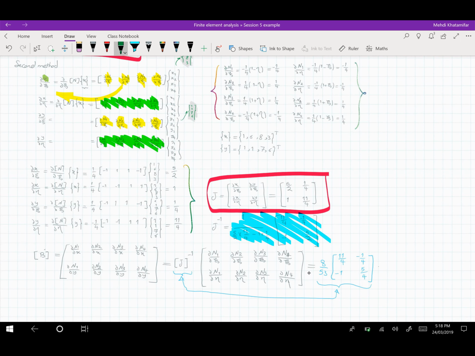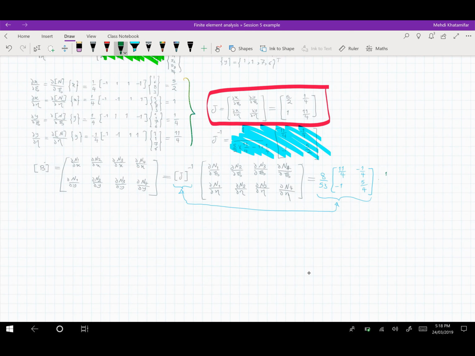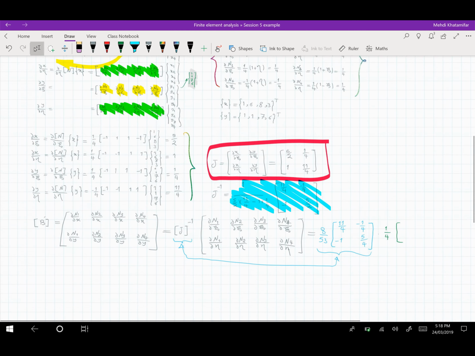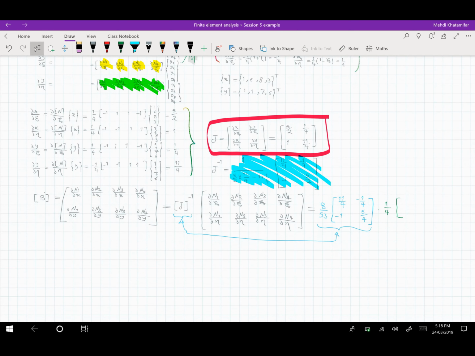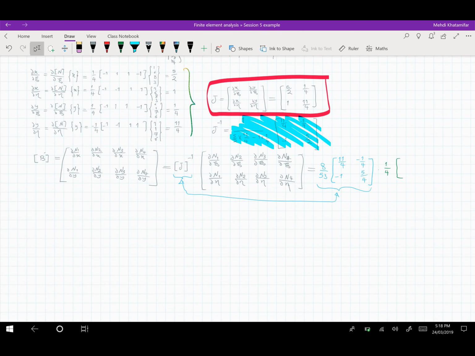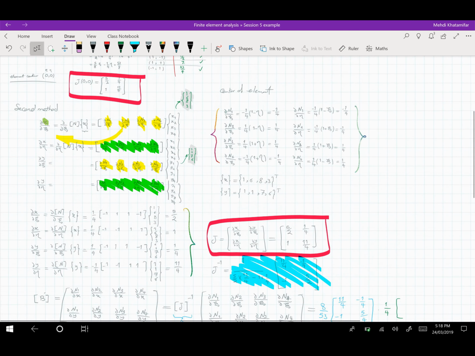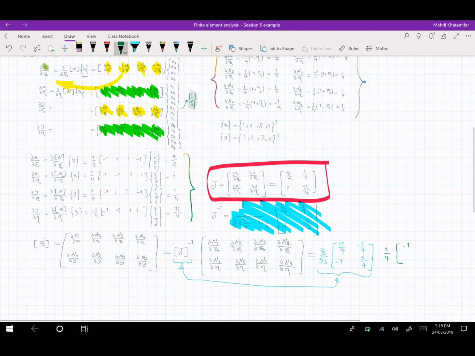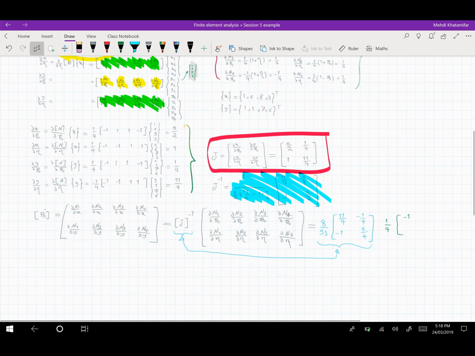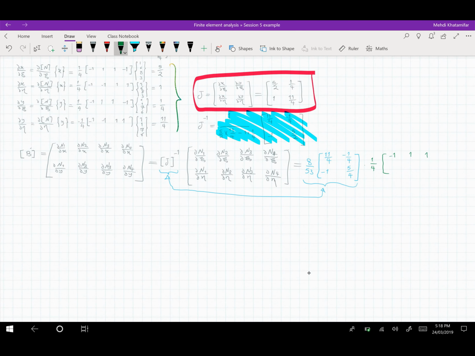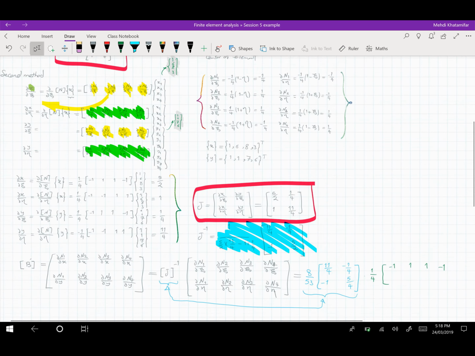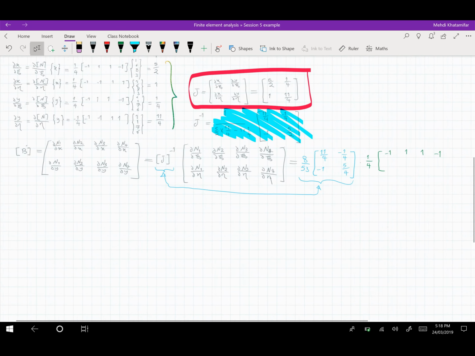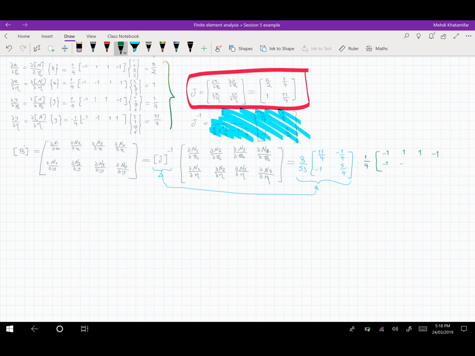So 1/4, and it is going to be 2/4. On one side it's negative, so it is going to be -1. And two sides positive, positive, negative. The other one negative, negative, two positives. Negative, negative, two positive, one. Done.